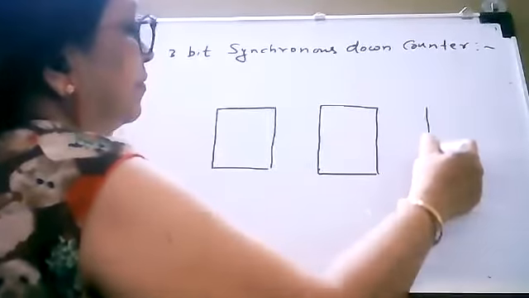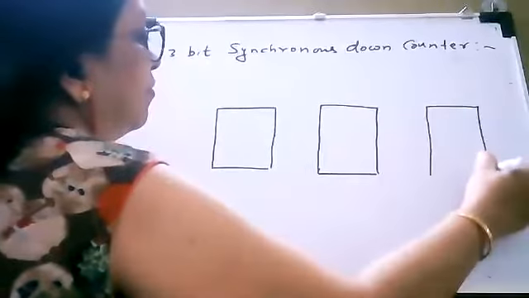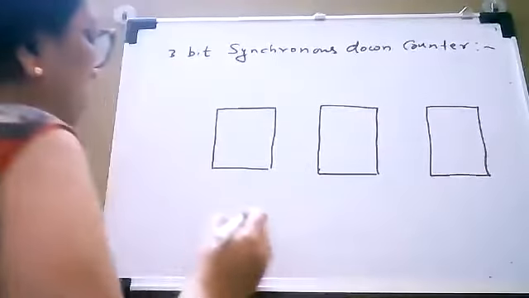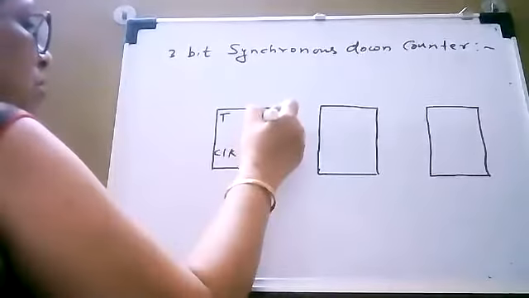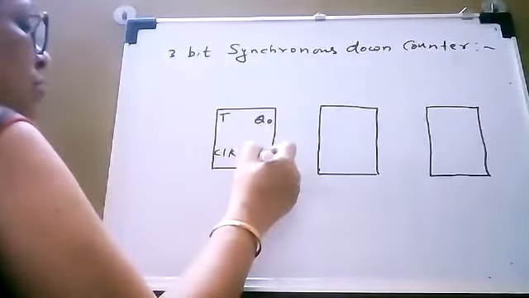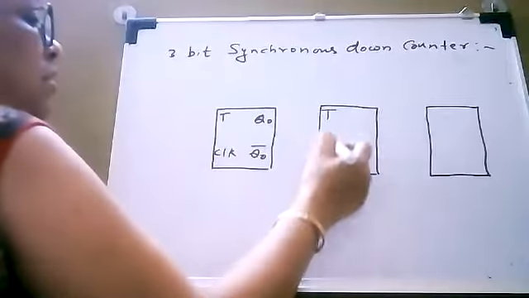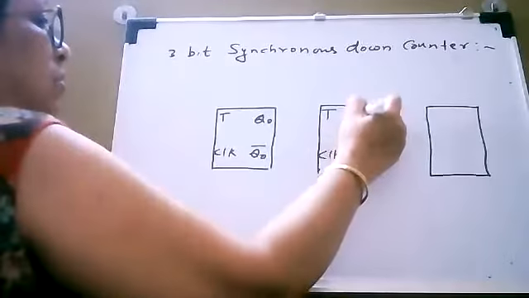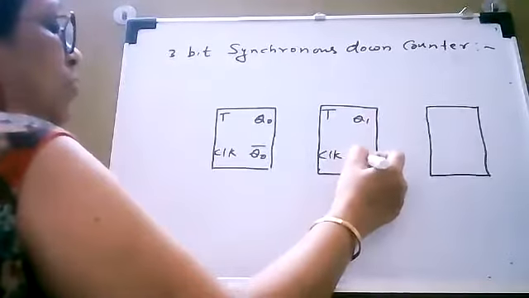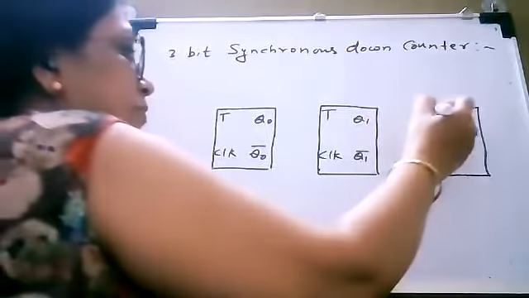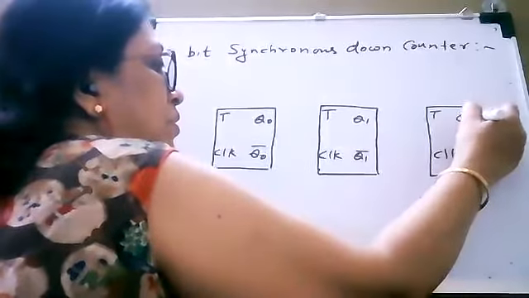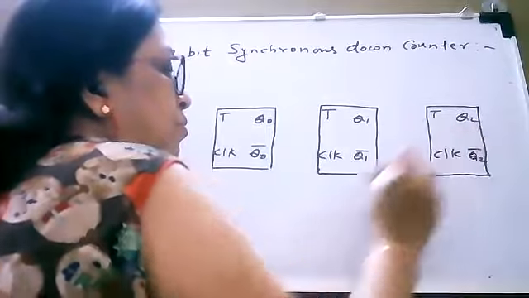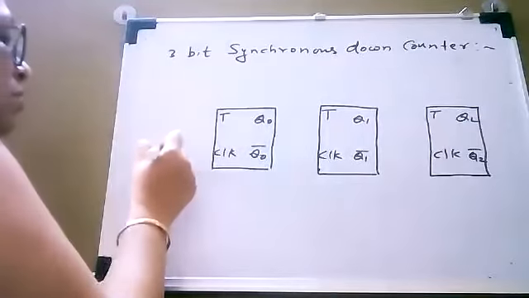All are negative edge triggered. Okay. So this is T, now Q0, Q0 bar, T, Q1, Q1 bar, T, Q2, Q2 bar.